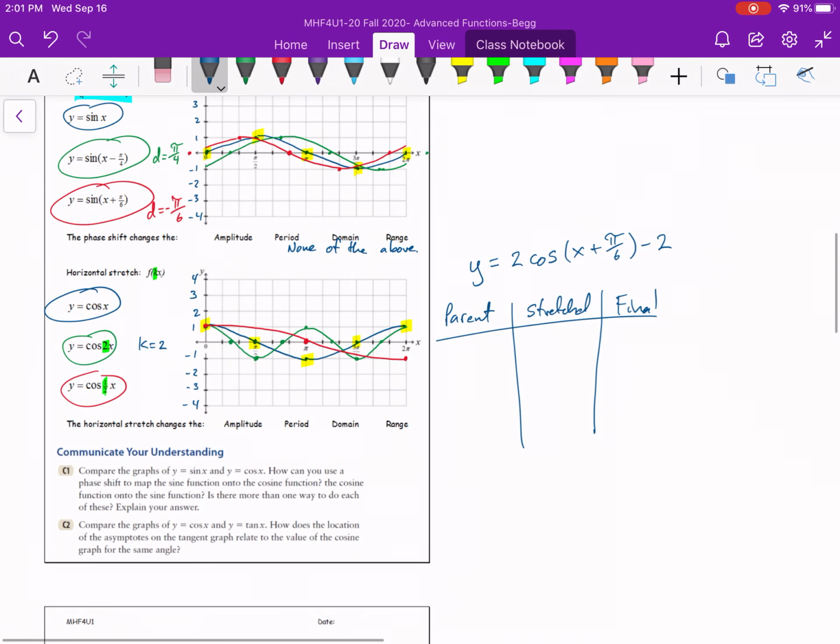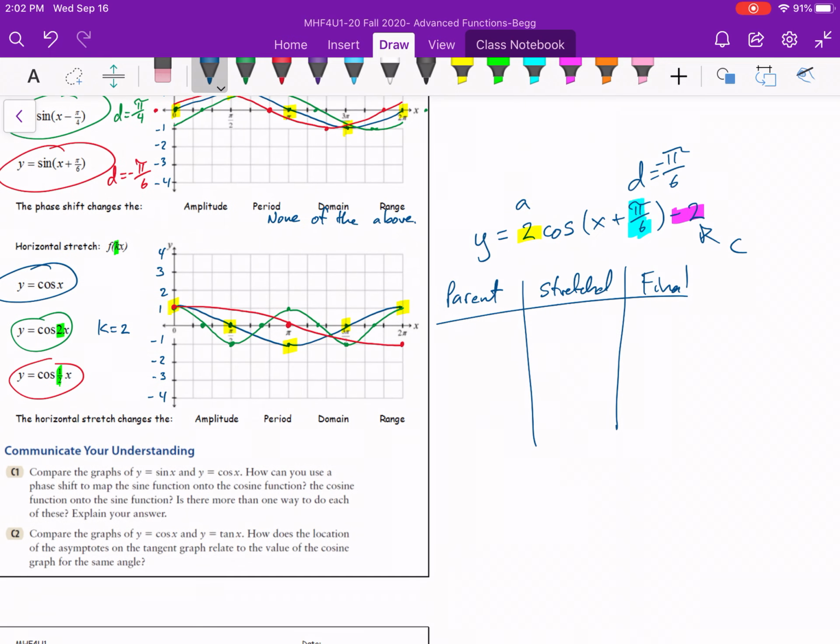Okay, k is, there is no k value shown, so we can skip that, it's 1. D is going to be negative pi over 6, and c is going to be negative 2. A, D, and this is C.